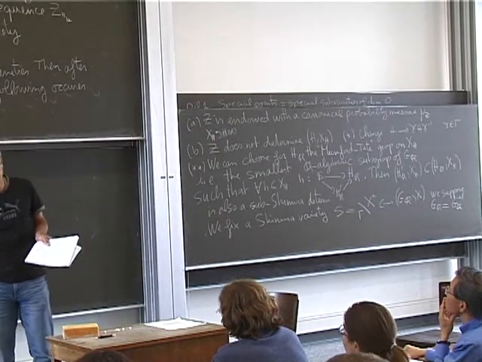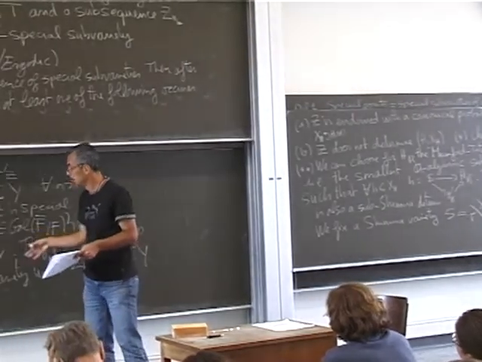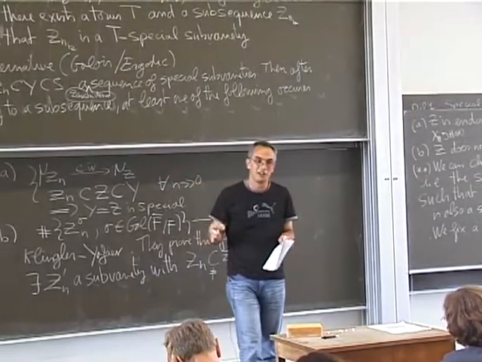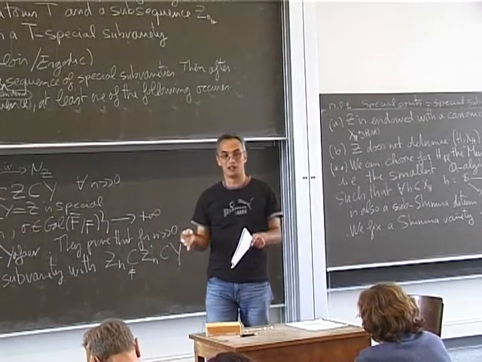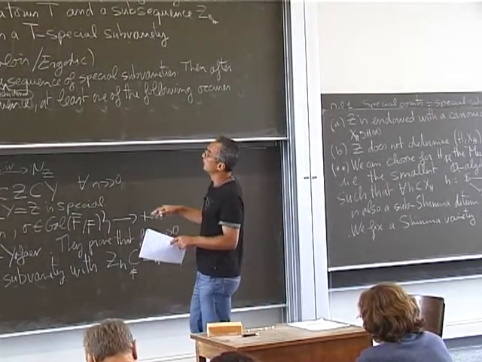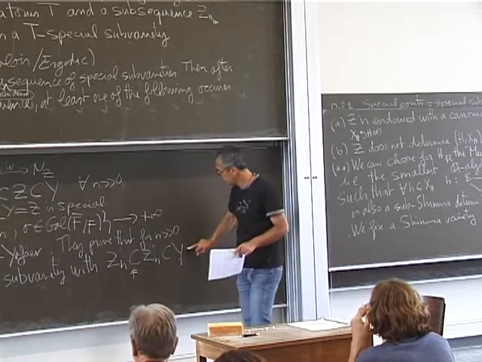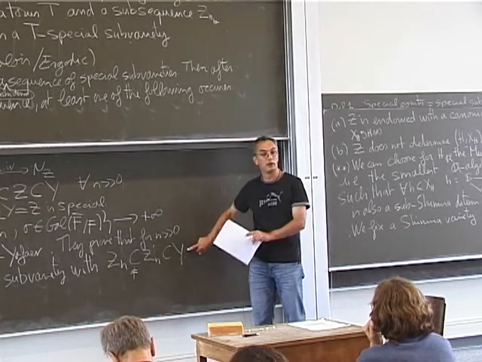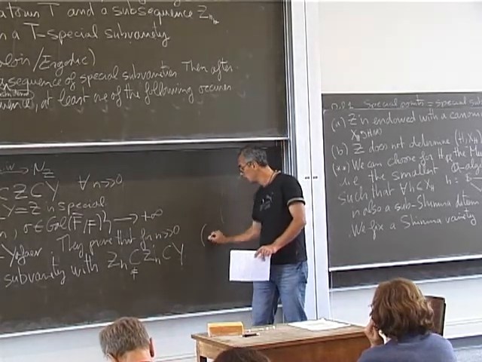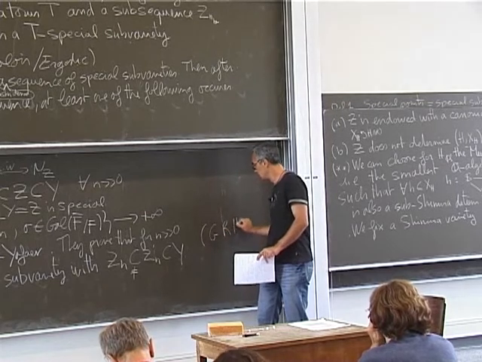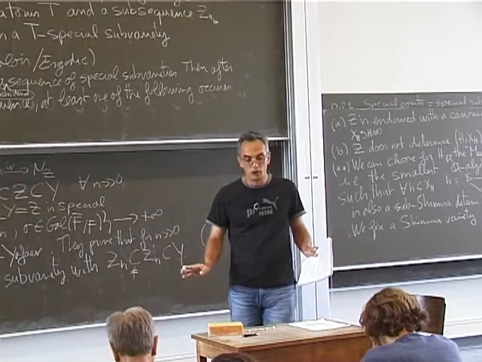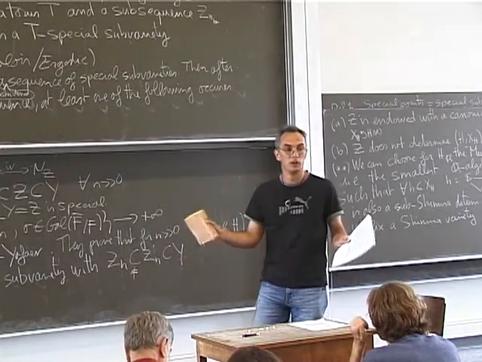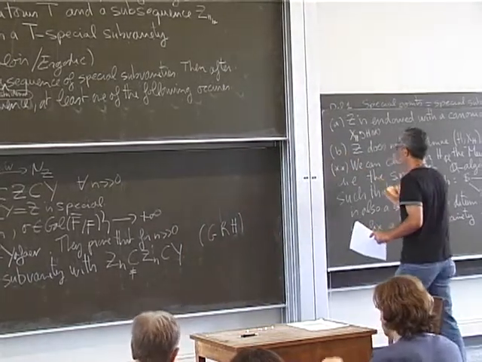So we use it because we don't know how to do it in another way, but it should be possible to remove it in this part. But in this part, GRH is used in a fundamental way. So here there is really GRH, and in a deep way, and there is no hope at the moment of avoiding GRH.